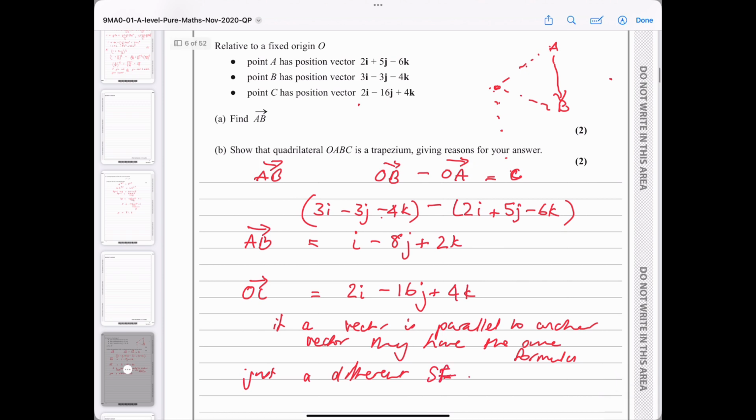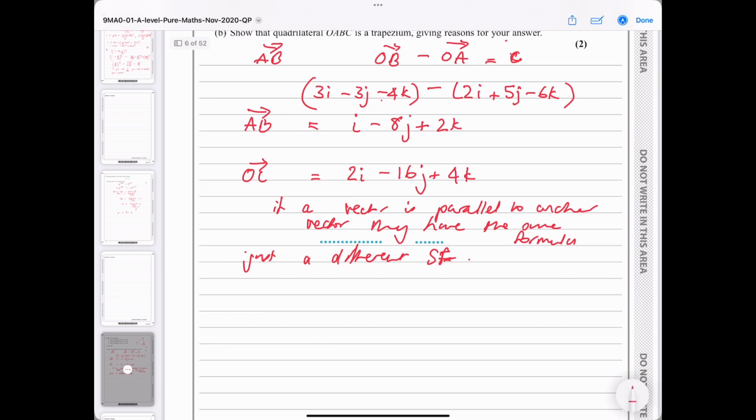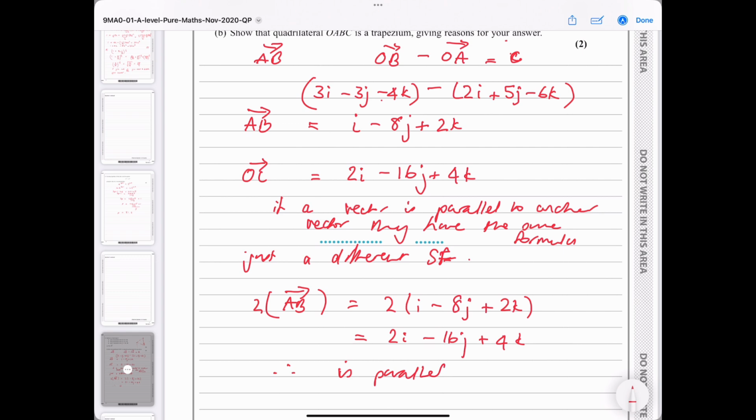And in this case, if you times AB, watch this, so if we go AB times 2 is 2i minus 16j plus 4k, therefore it is parallel to OC.